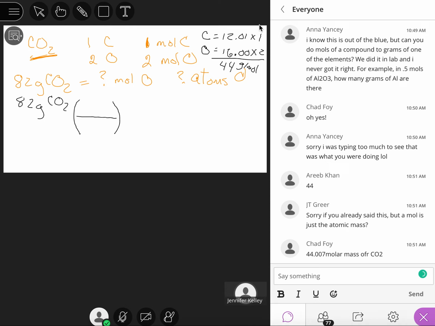And that's how we figure out the atomic mass of the molecule. So that's 44 grams of carbon dioxide per 1 mole of carbon dioxide. Now, if I have 1 mole of carbon dioxide, we determined earlier that we have 2 moles of oxygen in 1 mole of carbon dioxide.